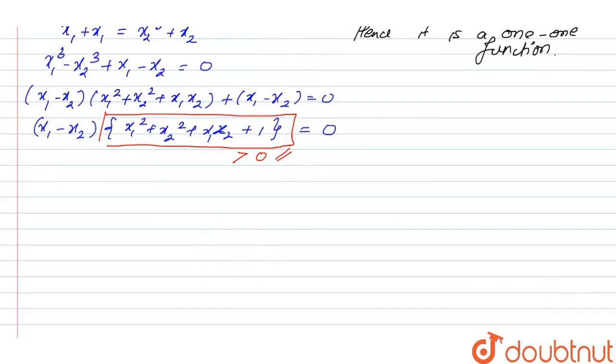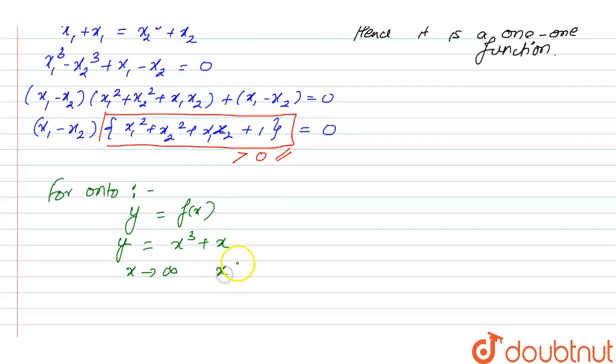For proving the onto function, y is equal to f(x), we are provided with y is equal to x cube plus x. So if x tends to infinity, we get x cube also tends to infinity.